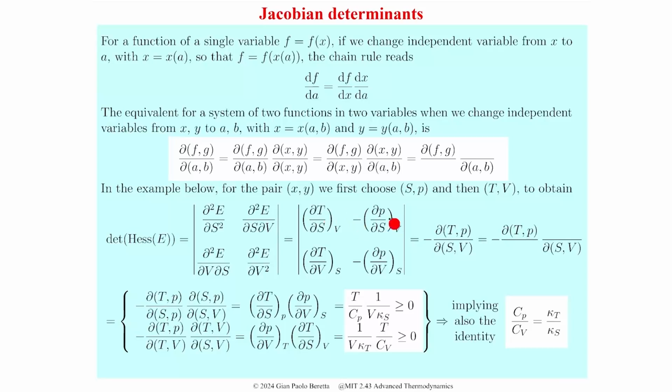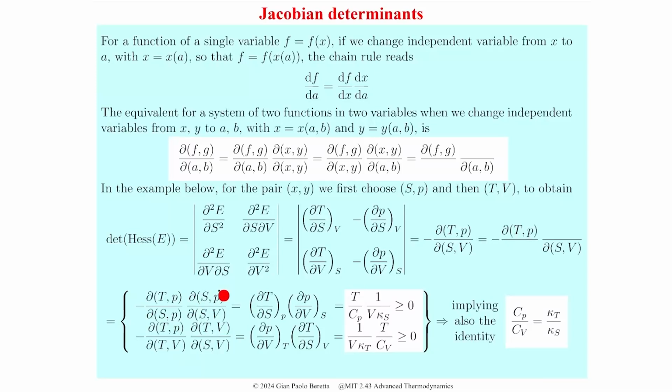And then here you recognize that apart from the minus sign that can be taken outside of the determinant, this is just the Jacobian of temperature and pressure with respect to S and V. So now let's do this trick of shifting the denominator, leaving the empty spaces, and let's put here whatever we want. So I'll do it in two ways. I put S and P here and there.